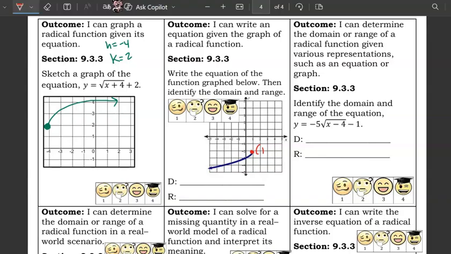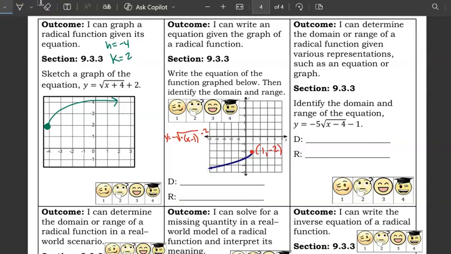Our h is 1 and our k is -2. Y equals negative square root of negative (x minus 1), minus 2. Sometimes they'll have this negative distributed into the x and that minus 1. Or they might leave it factored out like this.